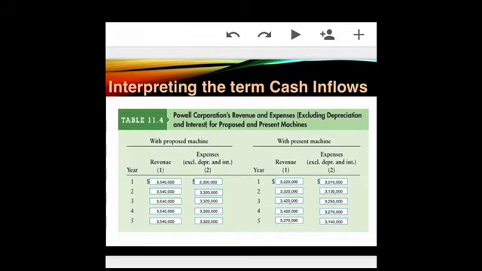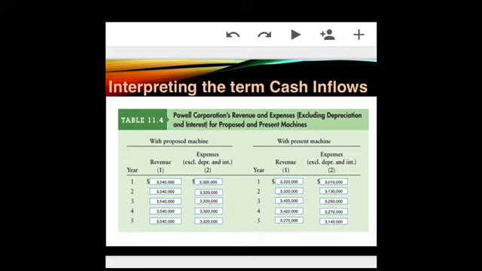If a company wants this machine for 5 years, they will estimate with the proposed machine how much revenue and how many expenses they can generate. You can see years 1 to 5 are constant. But on the right-hand side, it says with the present machine, meaning the machine that they have.